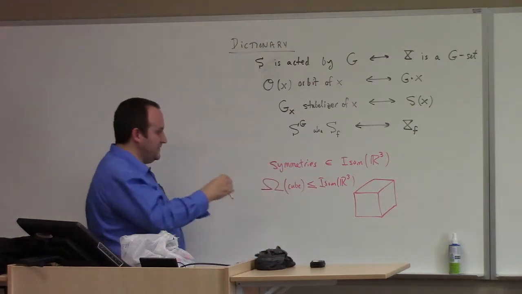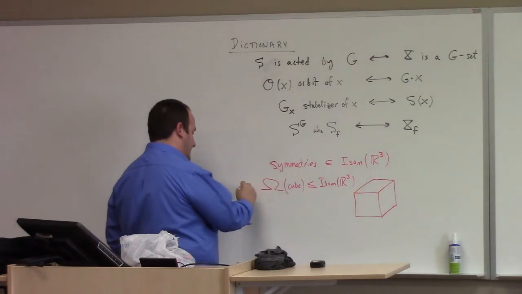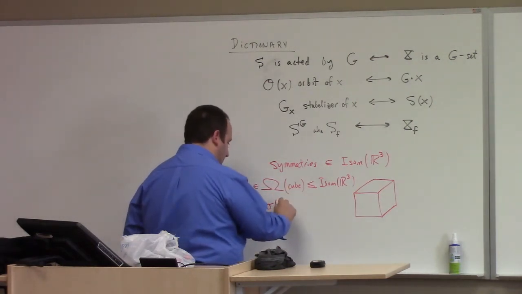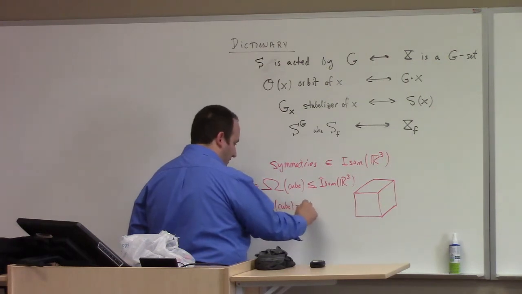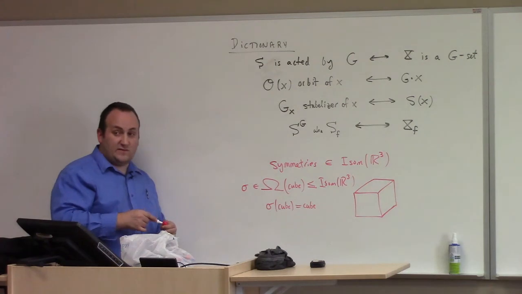These are the isometries which fix the cube. So basically, sigma is an element of the symmetry group of the cube if sigma of the cube is equal to the cube again. So sigma could either be rotations or reflections.